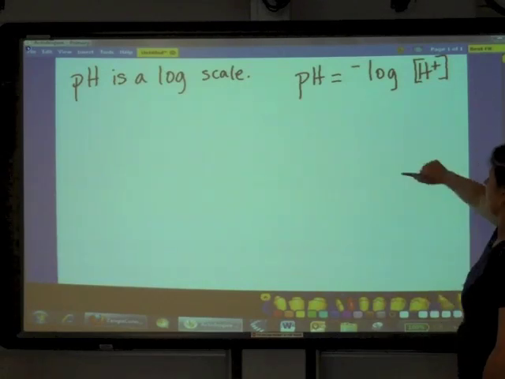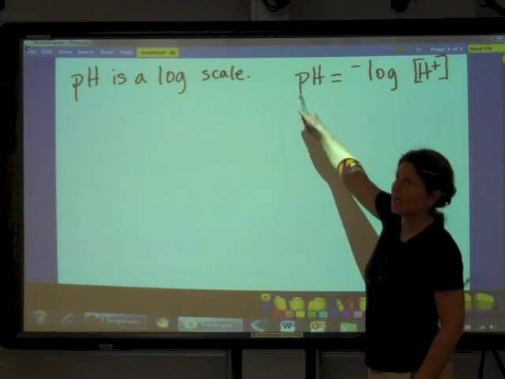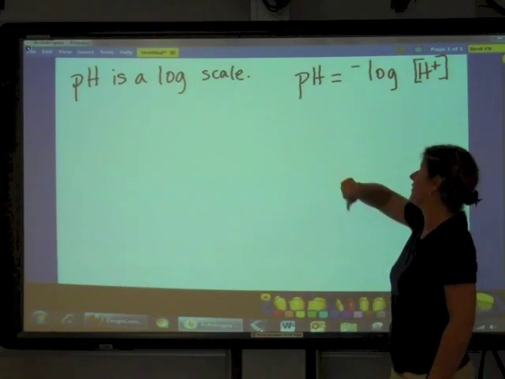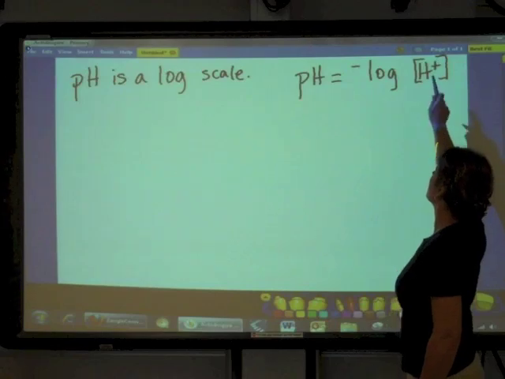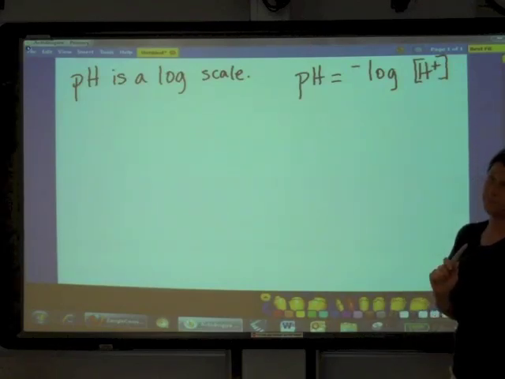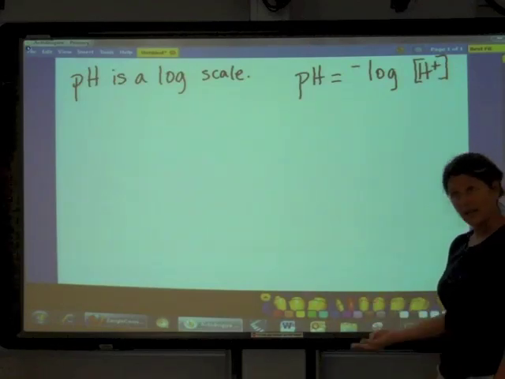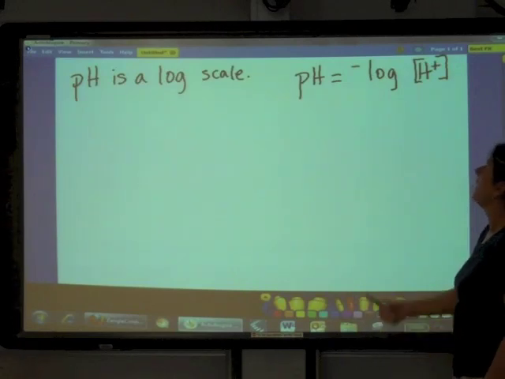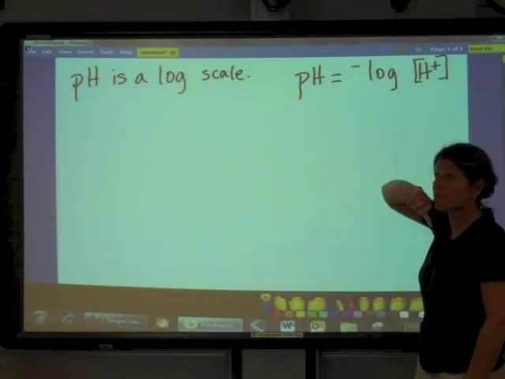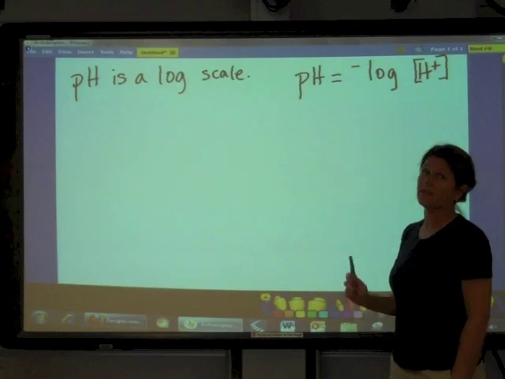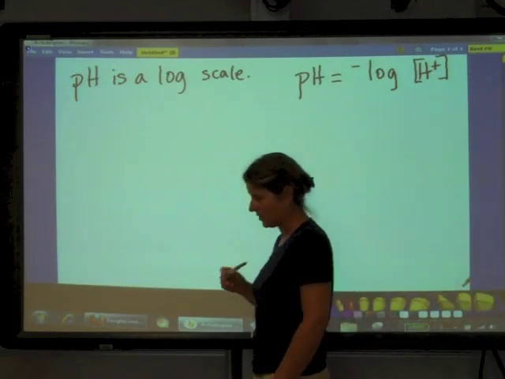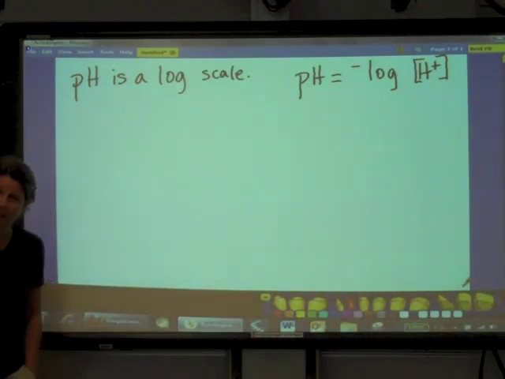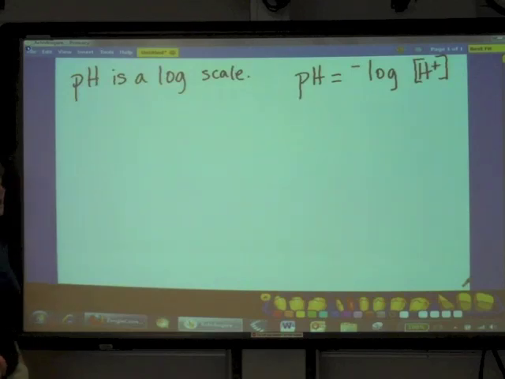So, p actually means the negative log of, because if you take the log of hydrogen ion in a solution, it's going to come out to be a negative number, and so you're going to take the opposite of that, and that will be the solution's pH. So what pH measures really is how much hydrogen ion we have in a particular solution.